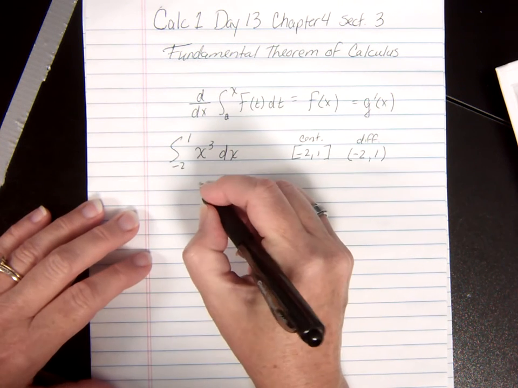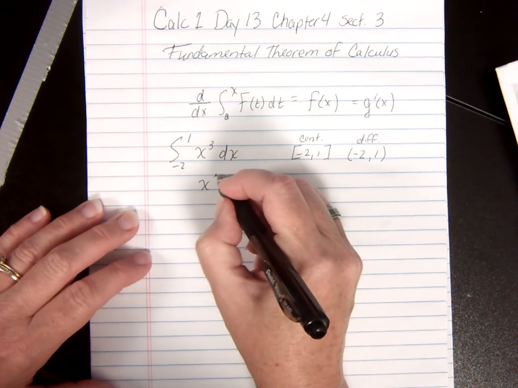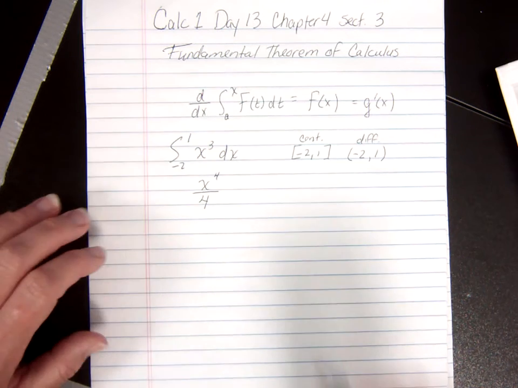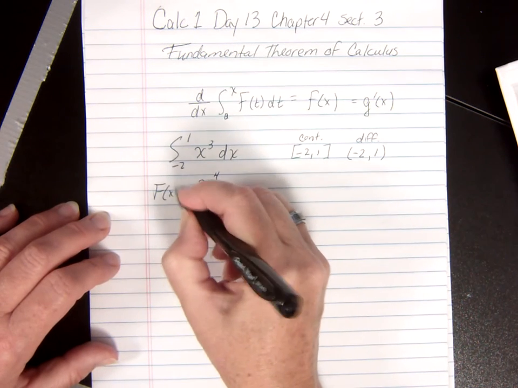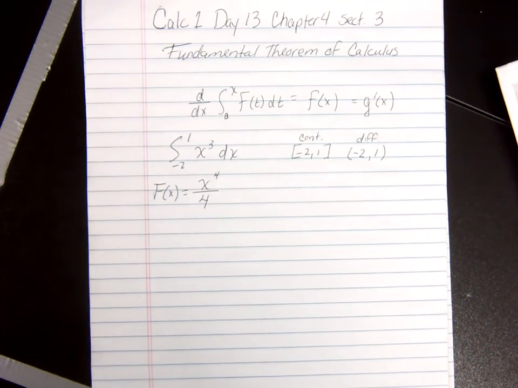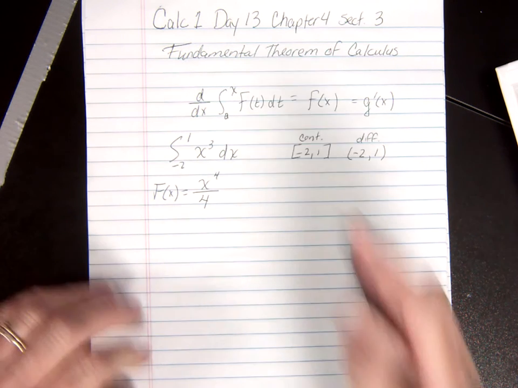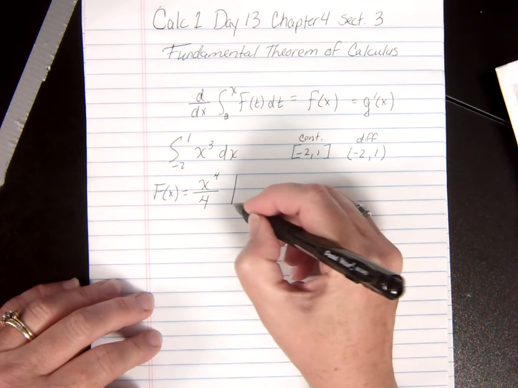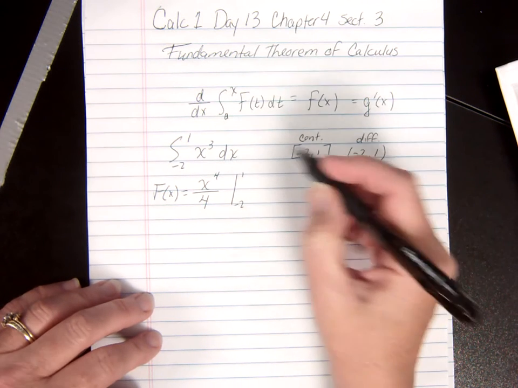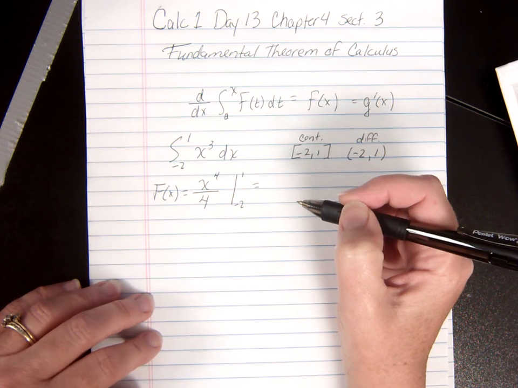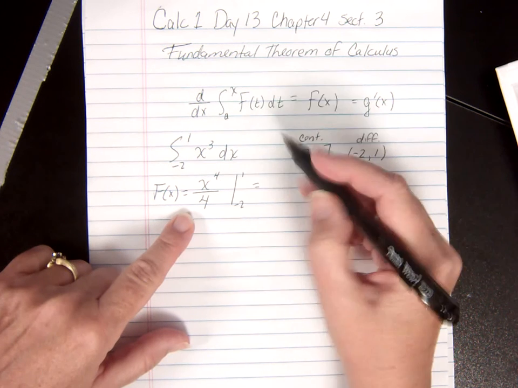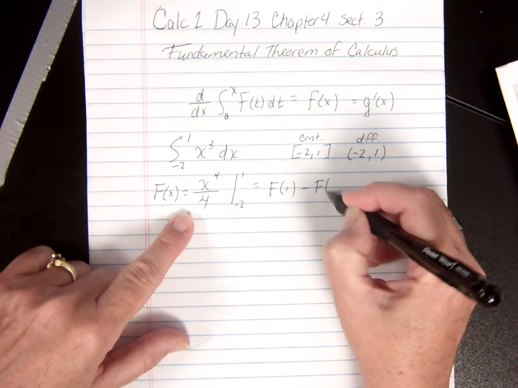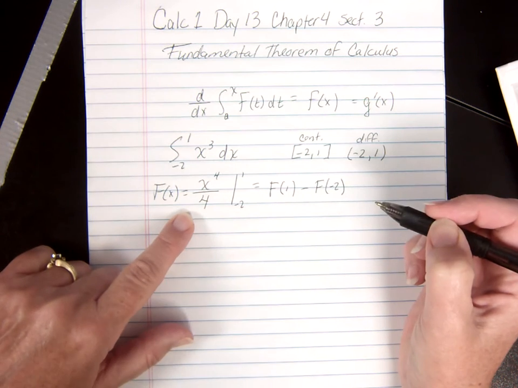So we're going to take x to the 3 plus 1 over 3 plus 1, and we'll get big F of x equaling this. Now, what we do next is we're going to use the information that we've learned in the last couple sections to evaluate that between -2 and 1. First, I substitute in my 1 value, and then I subtract from that my -2 value.